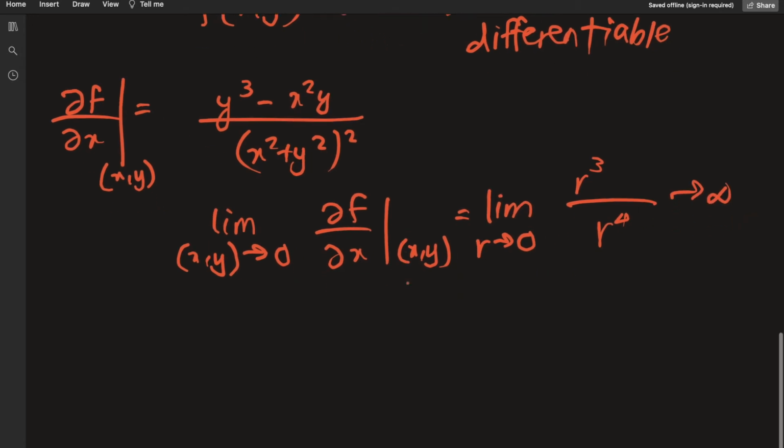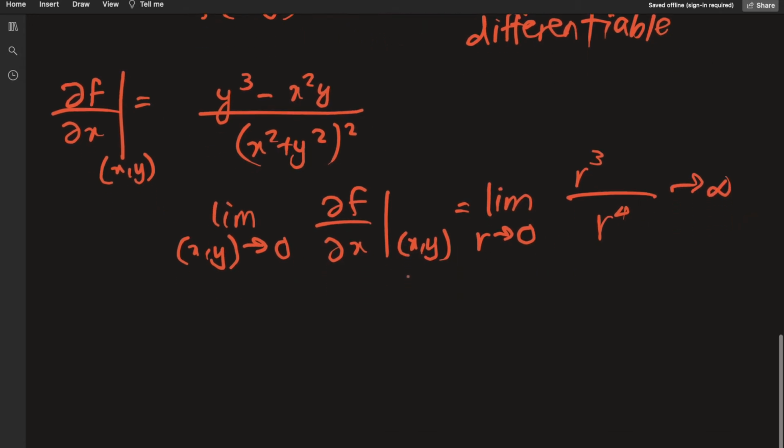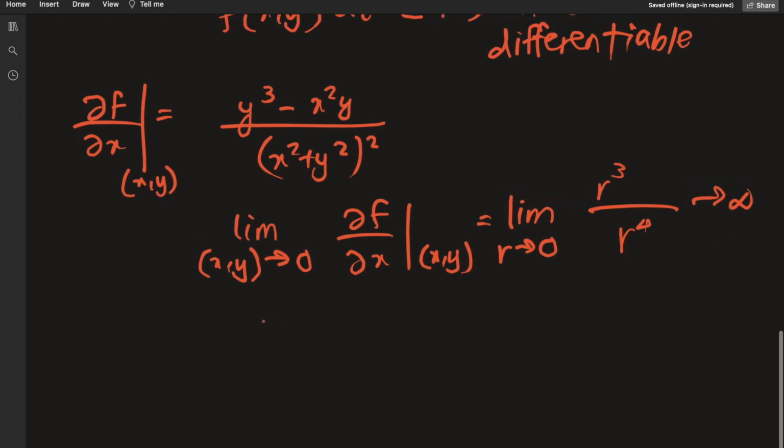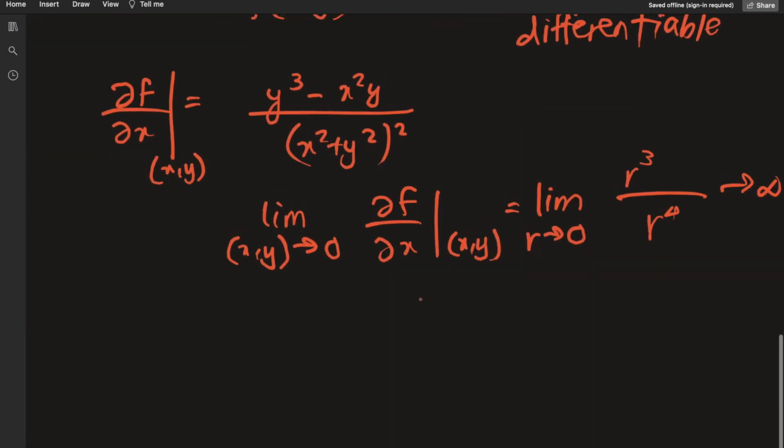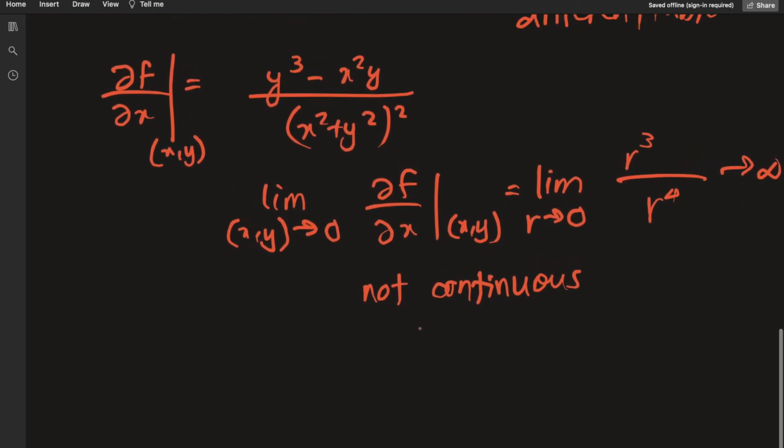So if you take the limit of the partial derivative from some other point to 0, you end up with infinity, although the partial derivative at that point exists. This is just an issue of continuity. It is not continuous because at that point you have a different value and the limit is giving a different value. So there's this jump discontinuity, if you want to think about it that way.